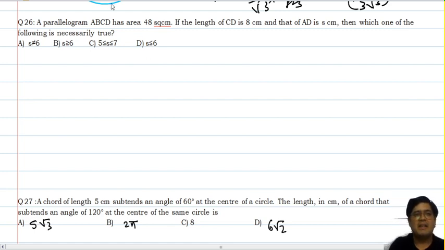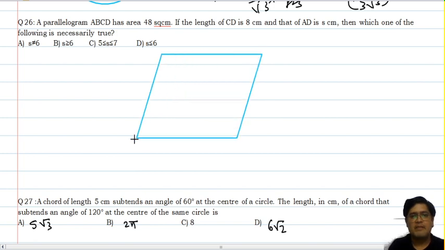Again, I have been given a parallelogram and I need to convert the area format here into a range or a value.